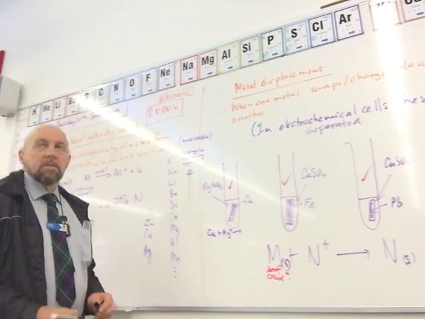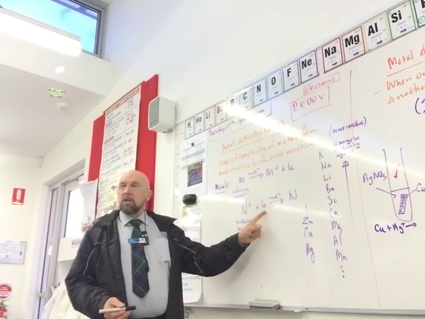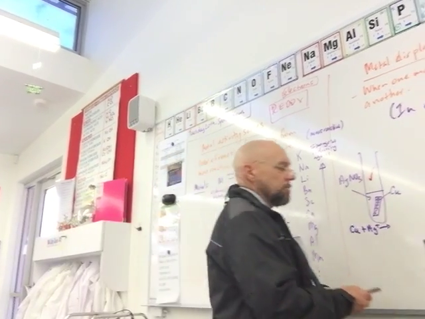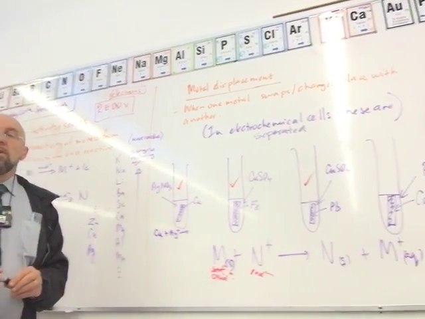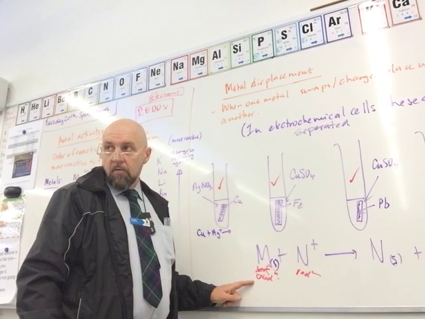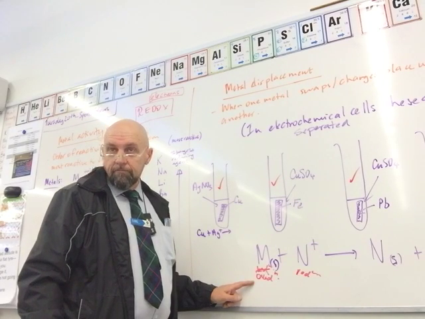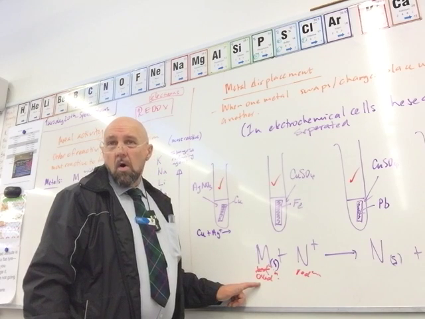The N plus is undergoing reduction. Reduction is gain of electrons. So here it is. Which way are the electrons moving from the metals? What are our rules?